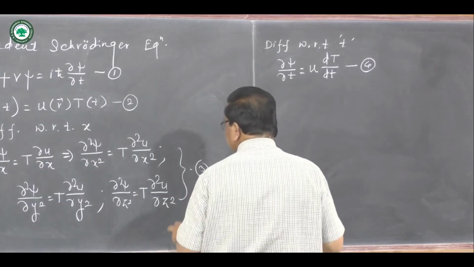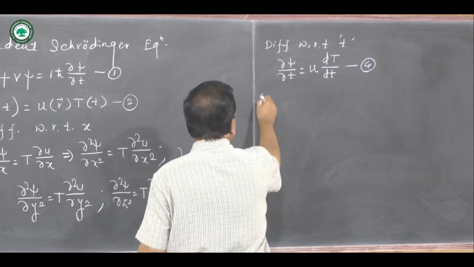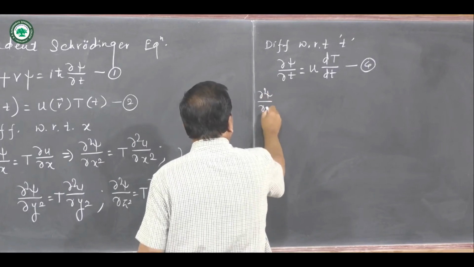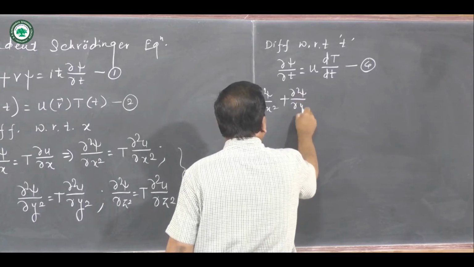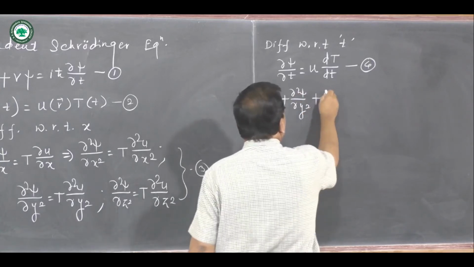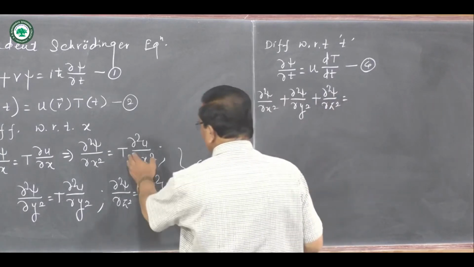Now I will add all these three terms together, namely ∂²ψ/∂x² plus ∂²ψ/∂y² plus ∂²ψ/∂z².